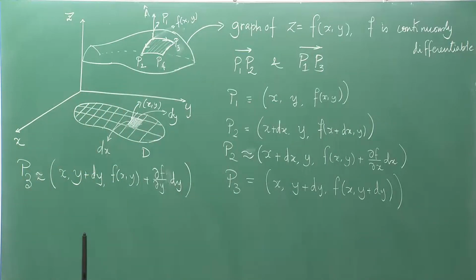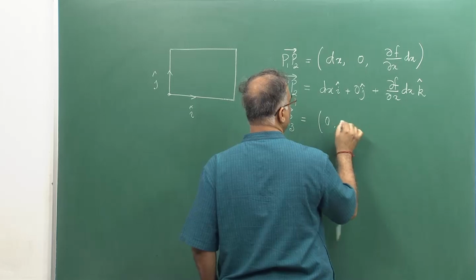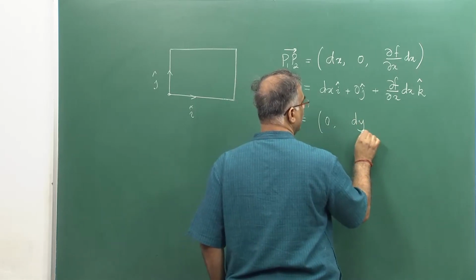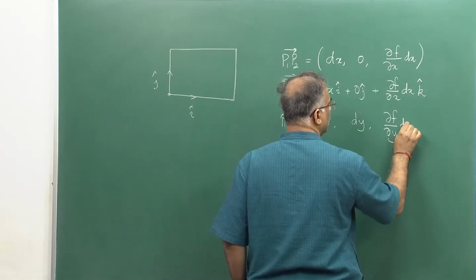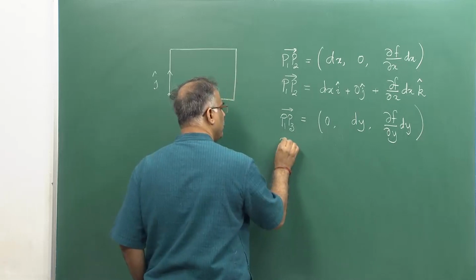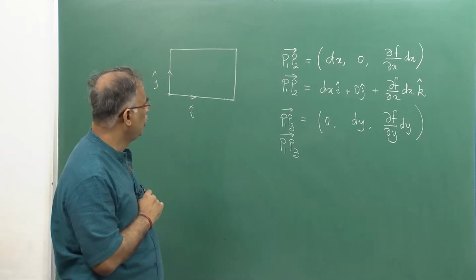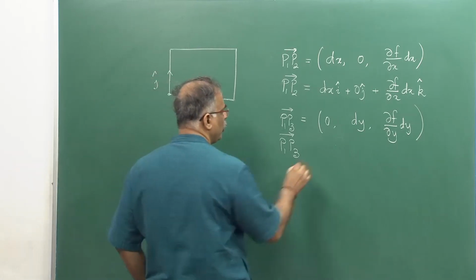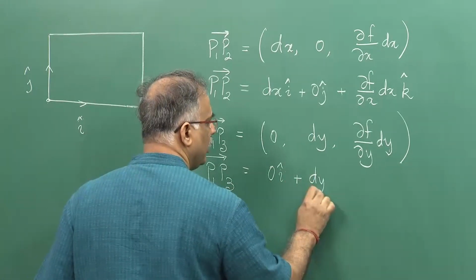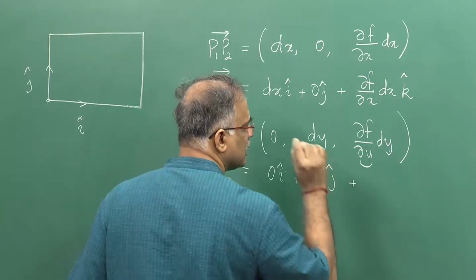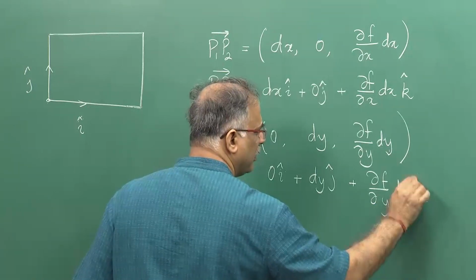So x will obviously go, and we will have 0, dy, del f del y dy. Again, if I go by my vectorial writing like a physicist, I will have 0 into i vector plus dy into j vector plus del f del y dy into k vector.